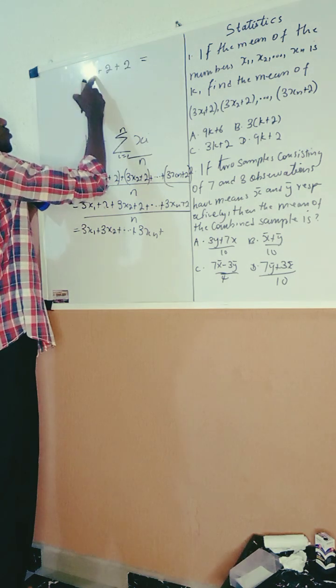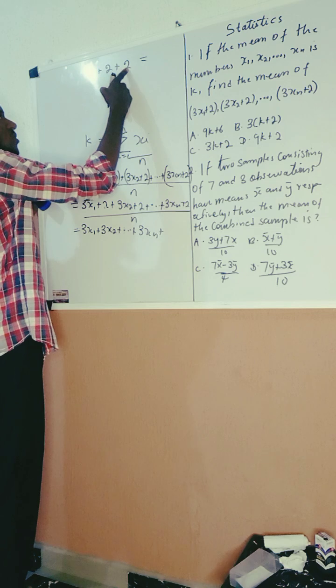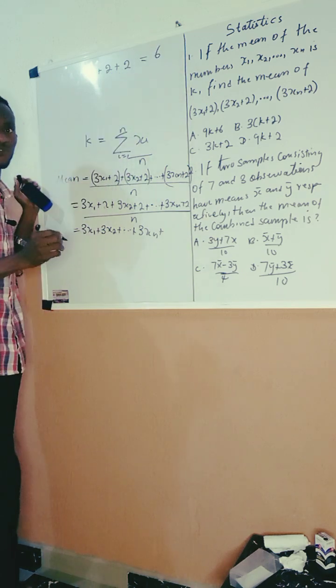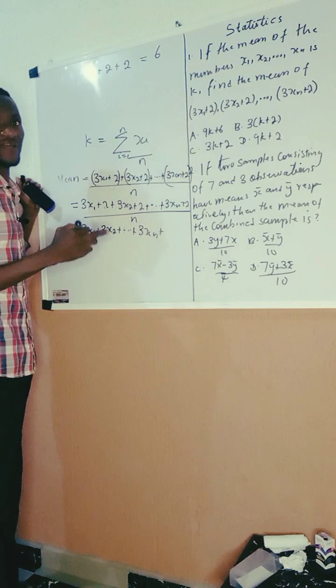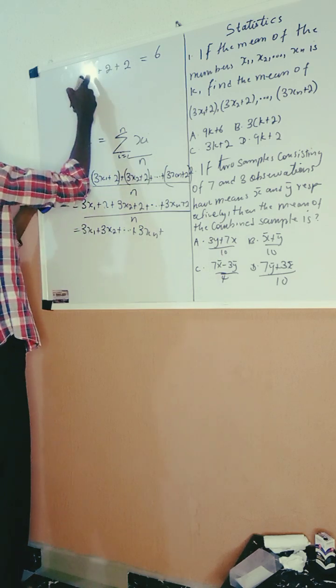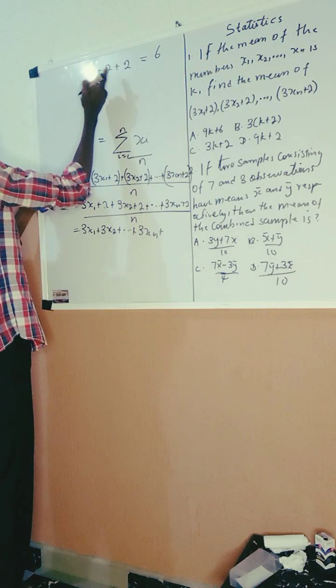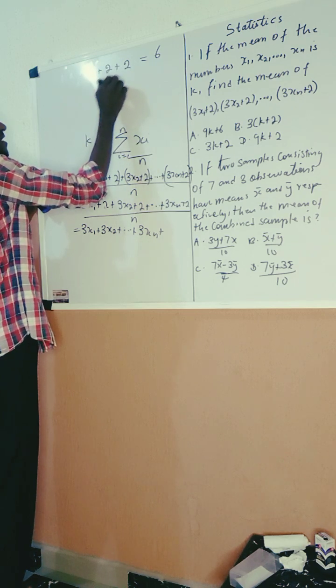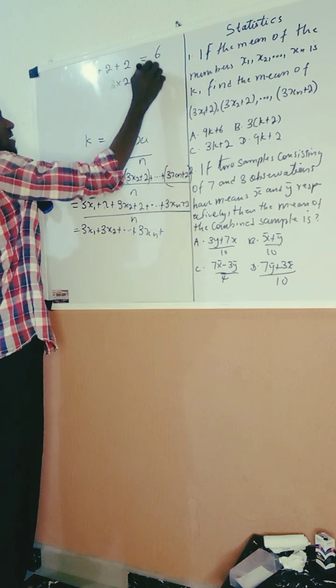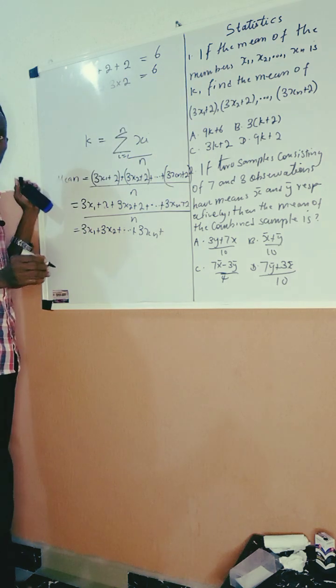This, of course, is 2 plus 2 is 4, plus 2 is 6. Another approach is to say, how many 2's did you add? 1, 2, 3. You say this equals 3 times 2, and 3 times 2 is equal to 6.